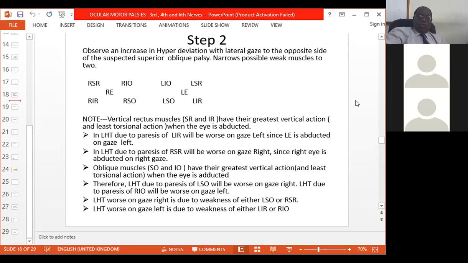This looking outward is abduction. Looking inward is adduction. So in left hypertropia, due to paresis of the left inferior rectus, this is the left inferior rectus, this one.